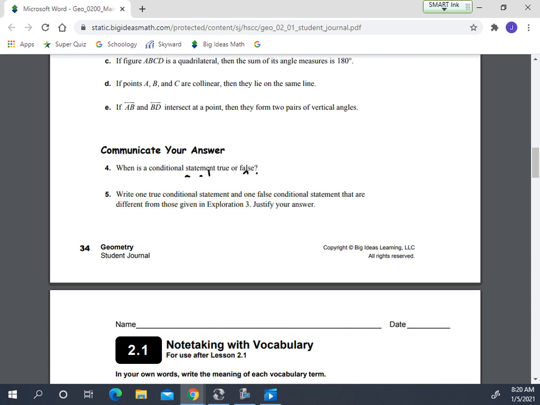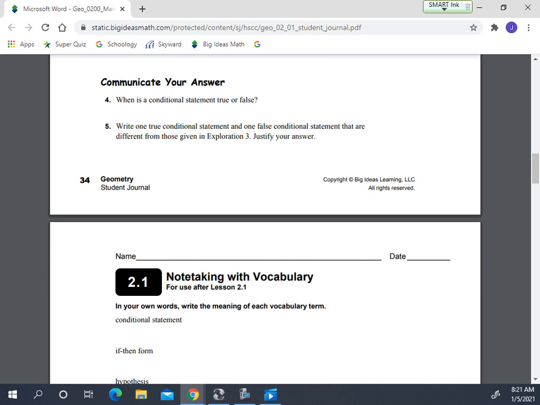Number 5, write one true conditional statement and one false conditional statement that are different from those. Okay, so let's just come up with an example. Let's write a true conditional statement, something in school. How about this?